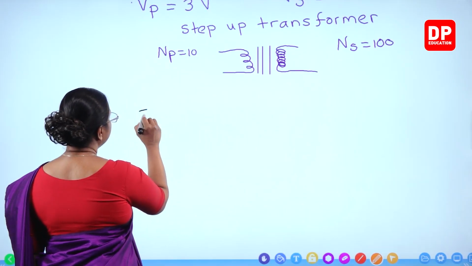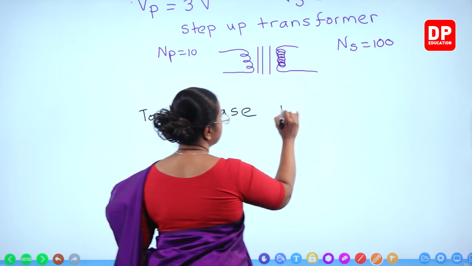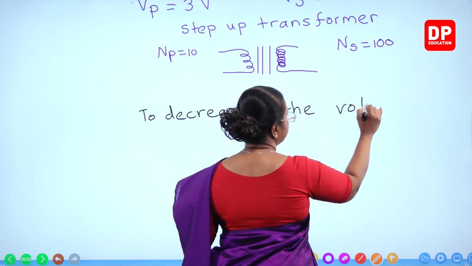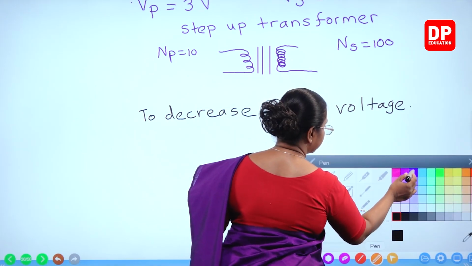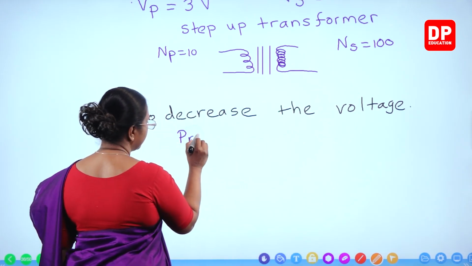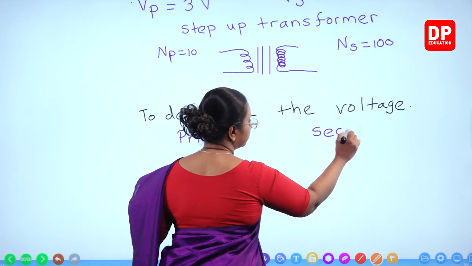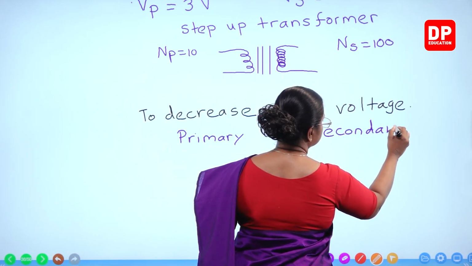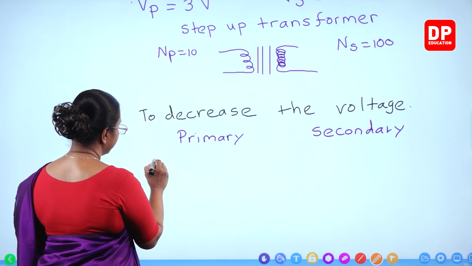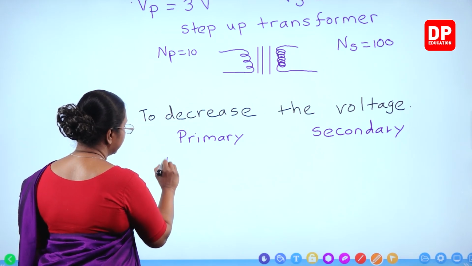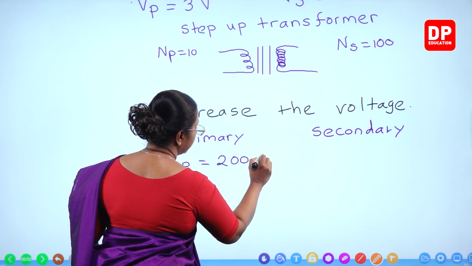The same way, to decrease the voltage, again we have the primary coil and the secondary coil. Let's say in the primary coil Np is equal to 200 turns.